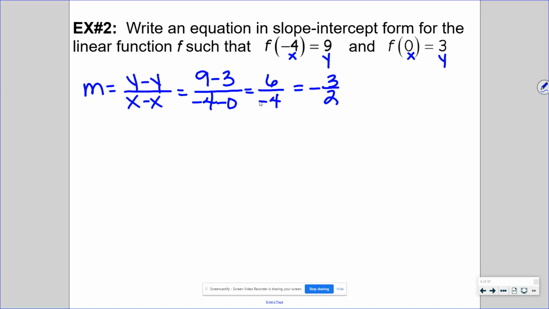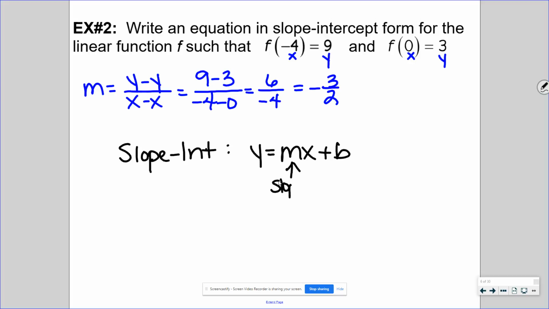Now, if you read the directions, it does say that our end goal is to write an equation in slope-intercept form. So just one quick refresher, slope-intercept form is y equals mx plus b. And m is the slope, and b is the y-intercept. So we do know the slope, we just found that value.